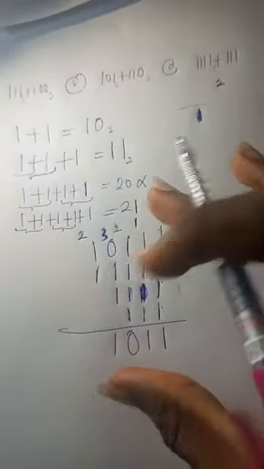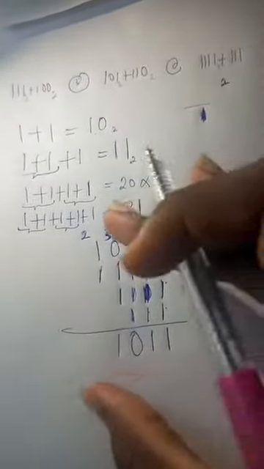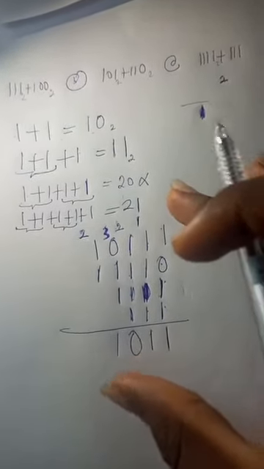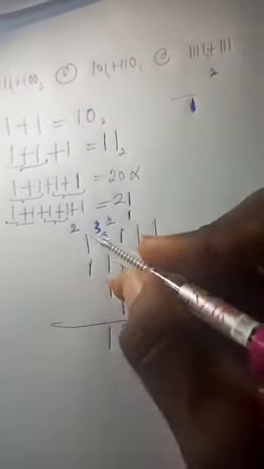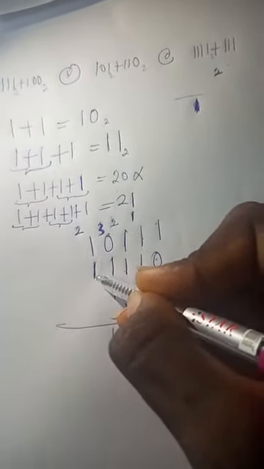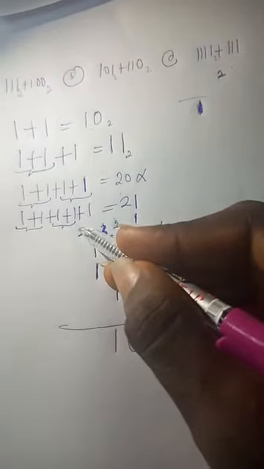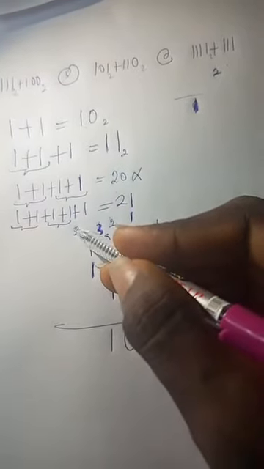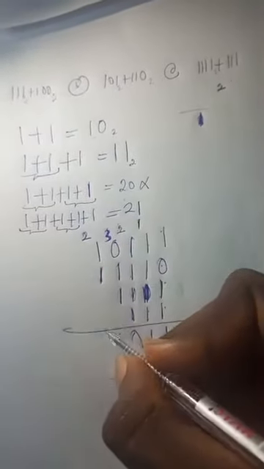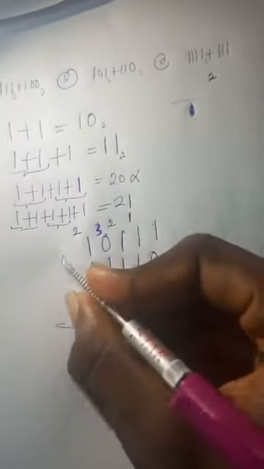Then you have to be very careful. If you don't understand this concept very well, you end up getting it wrong, and this is under time pressure. So you have to understand the skills in it. Now here you have 1 plus 1. That is 10. This represents 10 normally. 1 plus 1 is 2, and that is 1 plus 1 is 10. So 10 plus 10 is 20. 0, carry the 2.